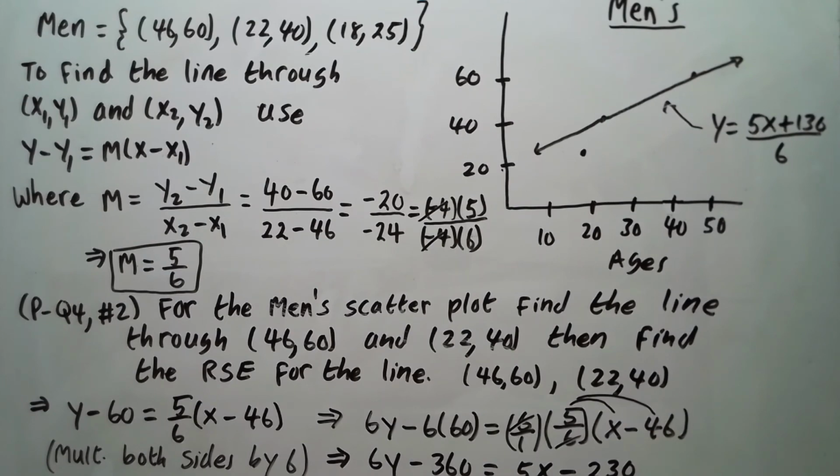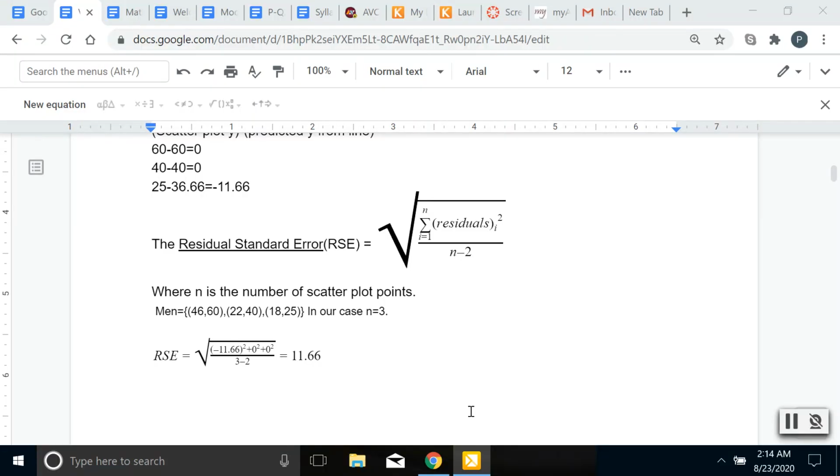So let's go back over here again. And so in our case, the RSE is 11.66. So the question is, can we come up with a line that has a smaller RSE than this? And the answer is yes. And pretty much the regression line will be the line that gives you the smallest RSE.